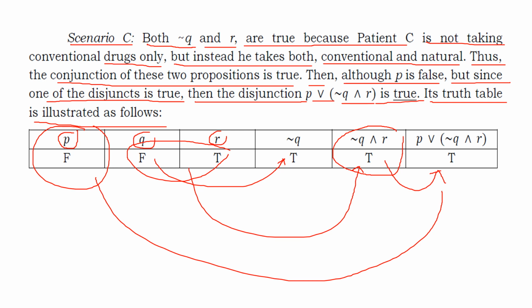That's why, to get the disjunction of P and negation Q conjunction R, the truth value for this one is true. So that's simple once we are dealing with a truth table, because we can easily visualize the resulting truth value if we're asked to combine two or more propositions.